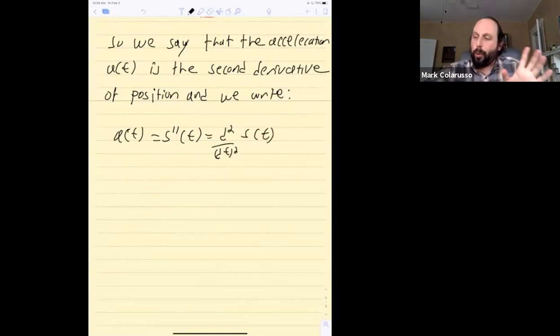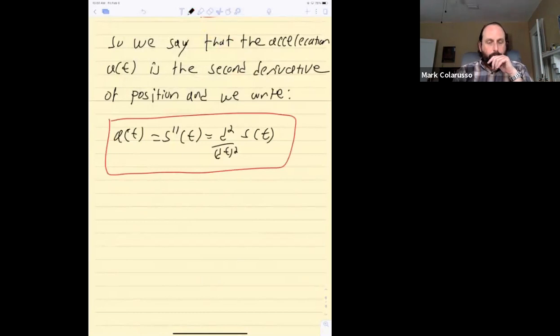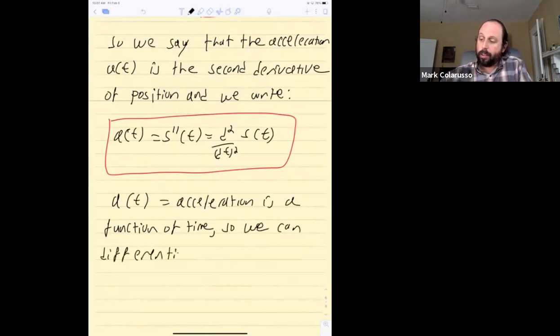And so it's a very important thing to remember. I'll state the general case in a second. But I should just say we can keep going. I mean, why stop here, right? A of t, this acceleration, is a function of time, so we can differentiate it again with respect to time.